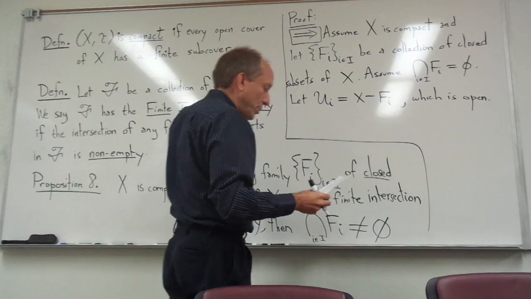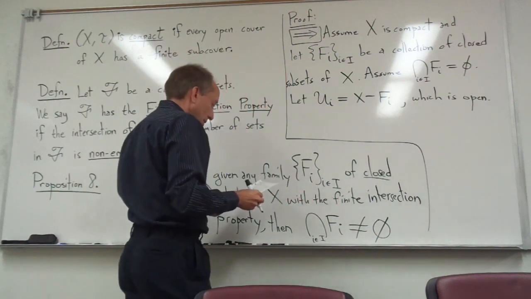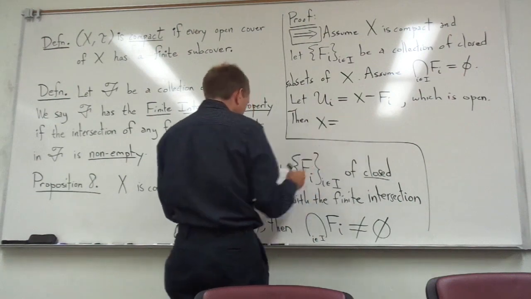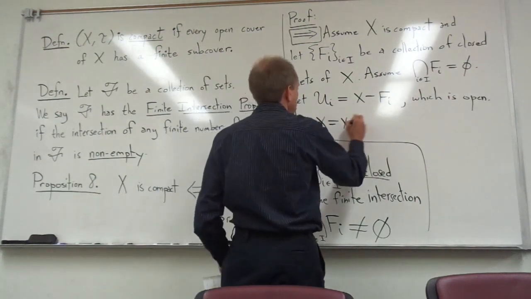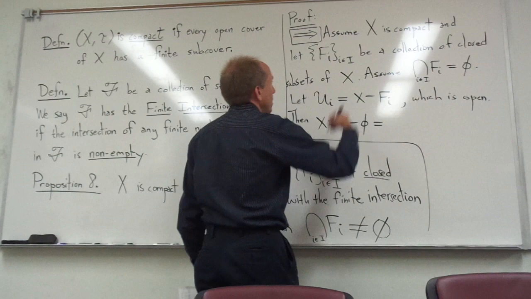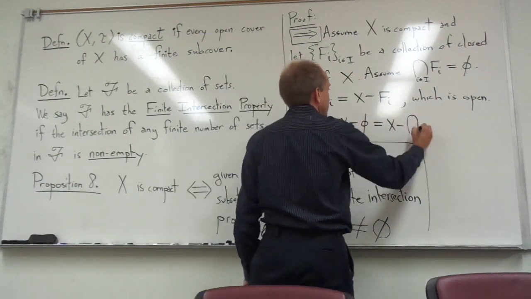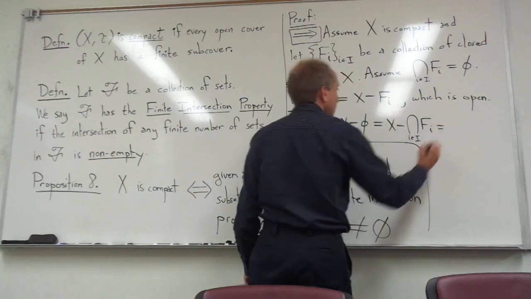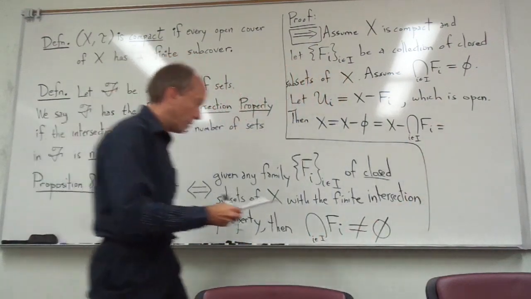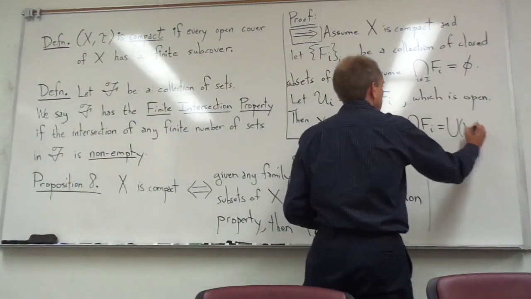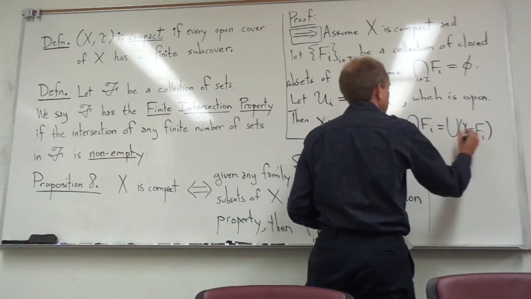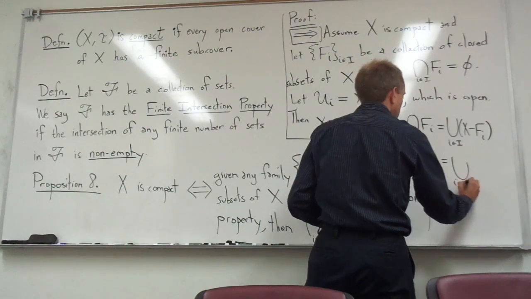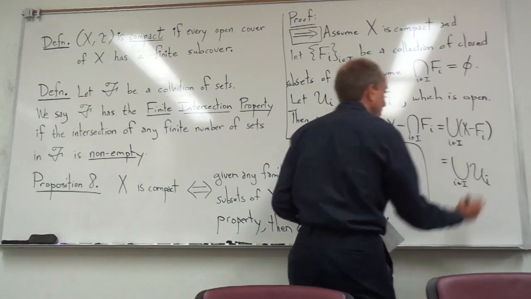I'm going to call that U sub I. Then if we take a look at X, of course I can write X as X minus the empty set, but that's just X minus the intersection of the F sub I's, and that is the same thing as the union of X minus F sub I, which is, in other words, just the union of the U sub I's right here.